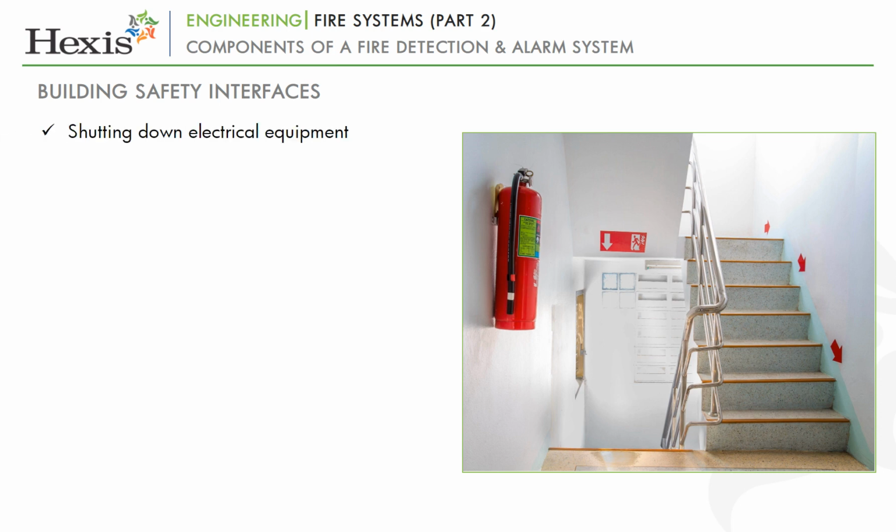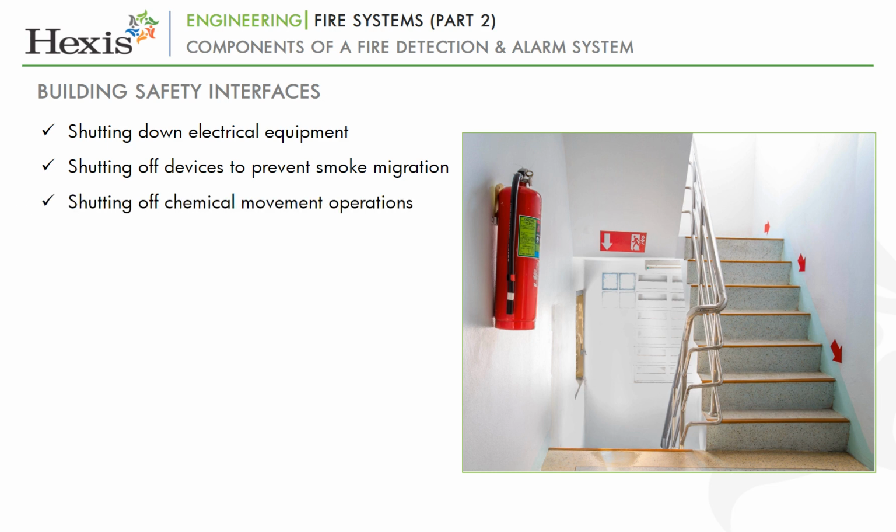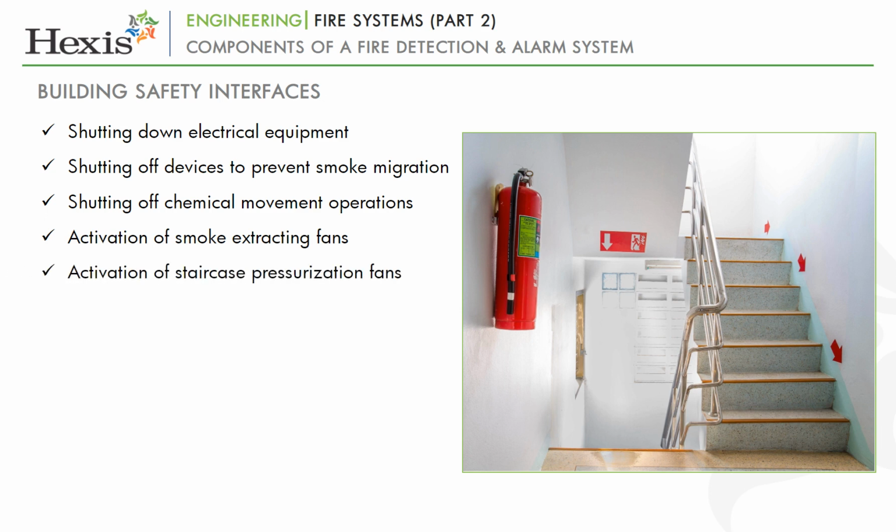Shutting down electrical equipment such as computers, shutting off air handling fans and closing of dampers to prevent smoke migration, shutting down operations such as chemical movement through piping in the alarmed area, activation of fans to extract smoke, which is a common function in large atria spaces, activation of staircase pressurization fans.